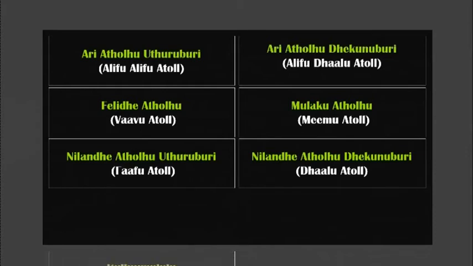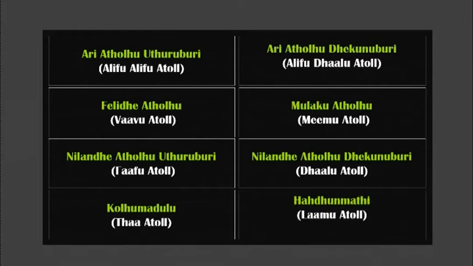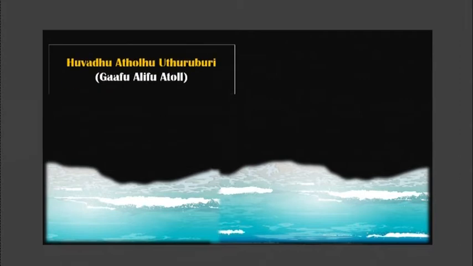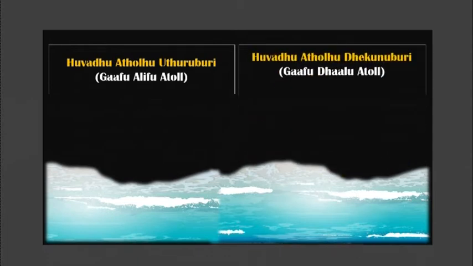Kolomadulu is known as Ta Atoll. And Haddummati is known as Lam Atoll. And the official name of Gaf Alif Atoll is Huadu Atoll Uturupuri. And the official name of Gaf Dal Atoll is Huadu Atoll Dekunupuri.